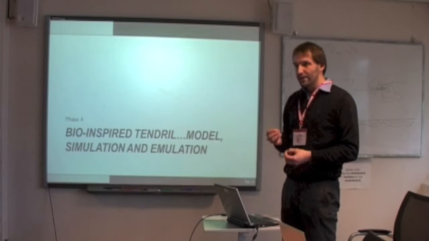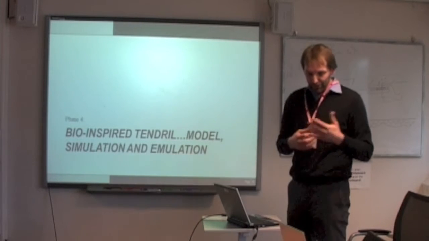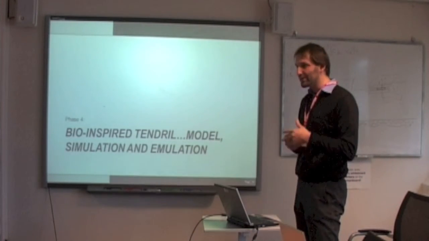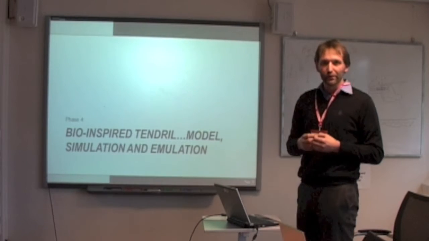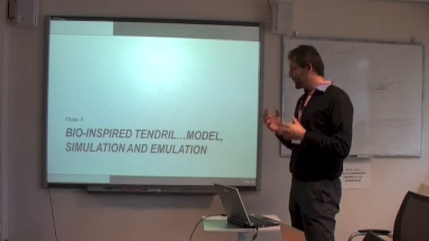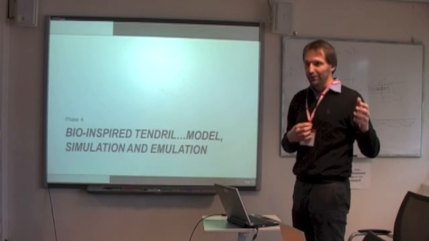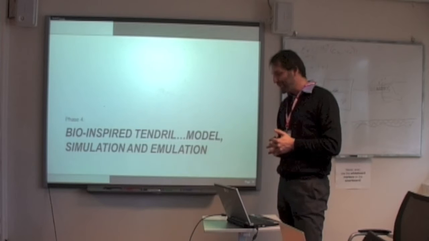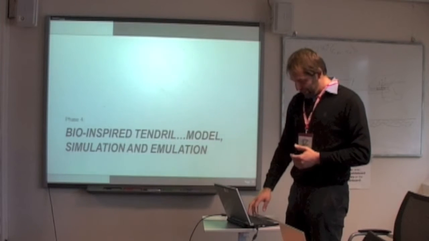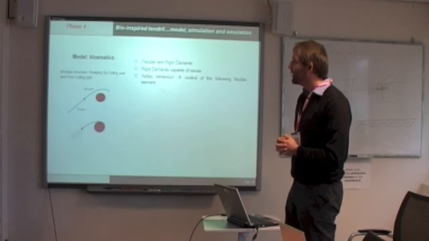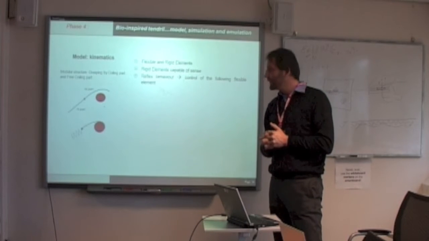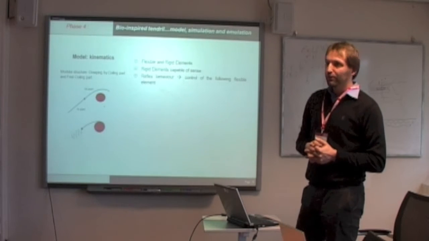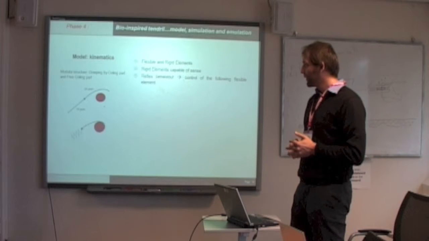Thanks to these results, in order to reach a design for a biomimetic robotic tendril, we evaluated on one hand the literature and on the other hand shape memory alloy behavior, and we developed a simplified model of the tendril.